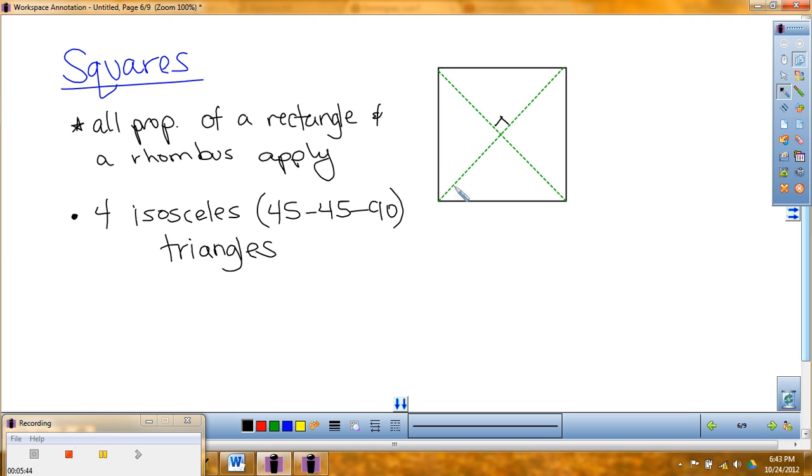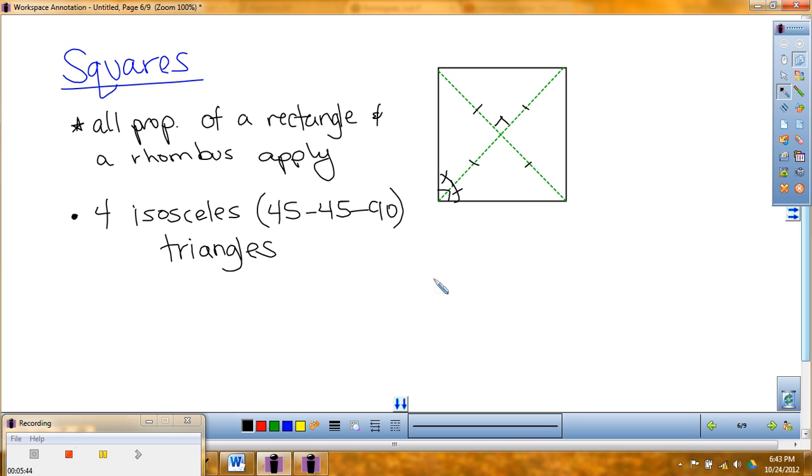Because the diagonal is bisecting the 90-degree angle, we have a 45-45-90 triangle, and we have 4 of them. They're isosceles triangles because the diagonals are bisecting each other. Since the diagonals happen to be congruent and they're bisecting each other, the bisected pieces are also congruent.